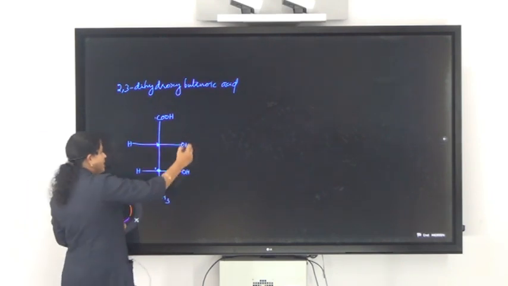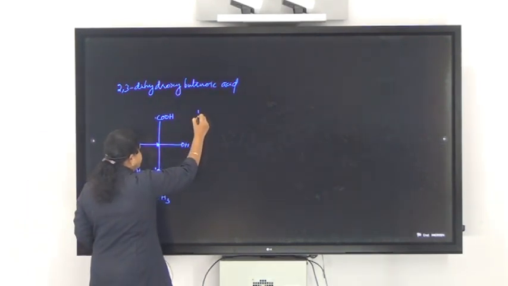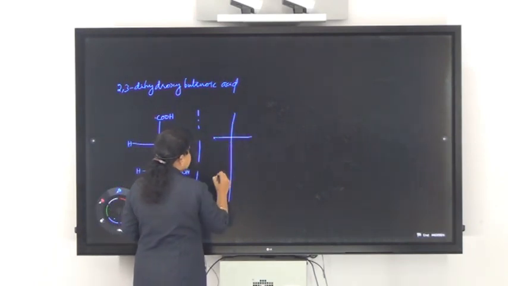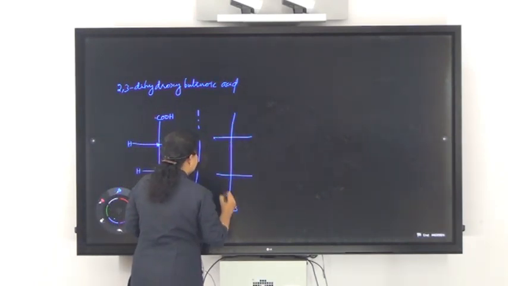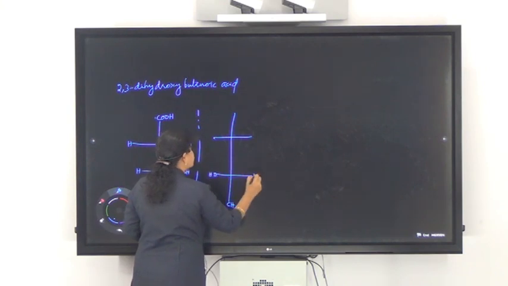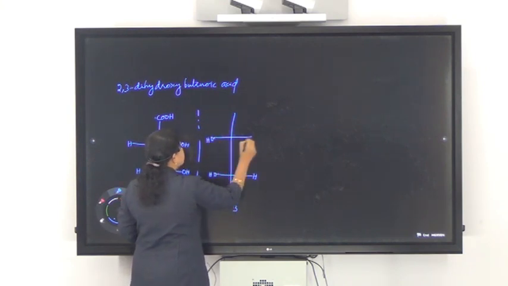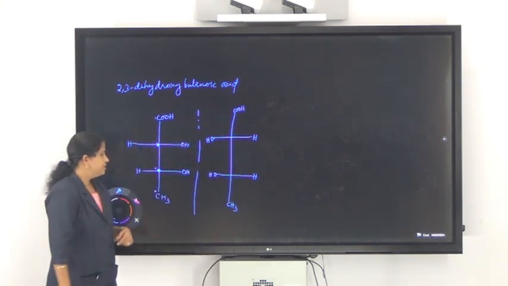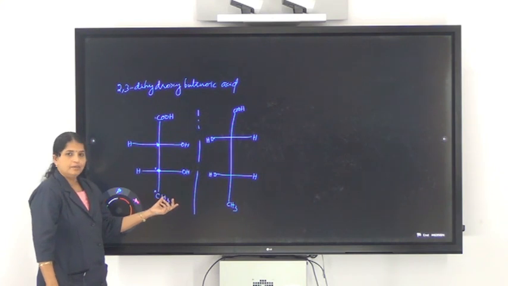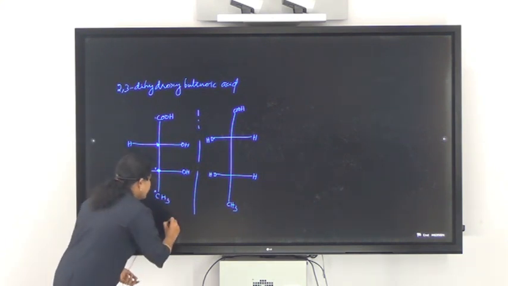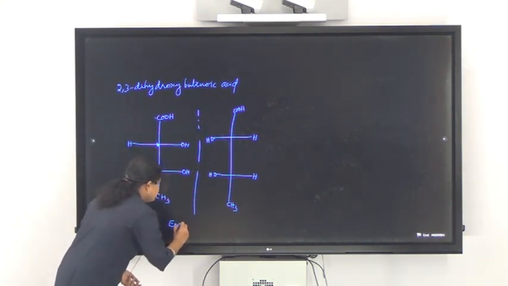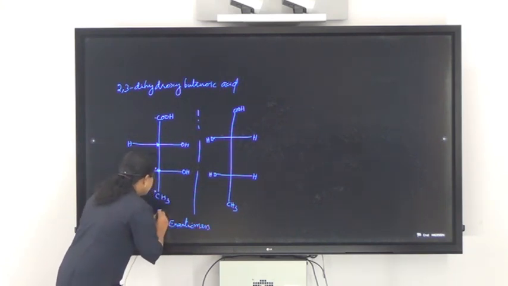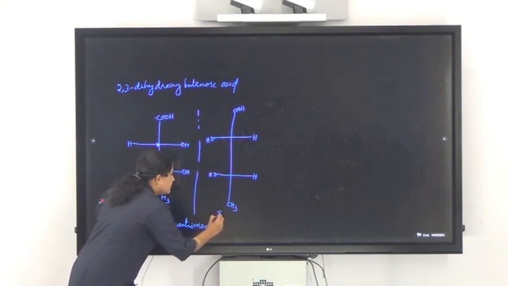Then take the mirror image of this one. These are related as mirror images and these are enantiomers. So this is the first isomer, this is the second isomer.